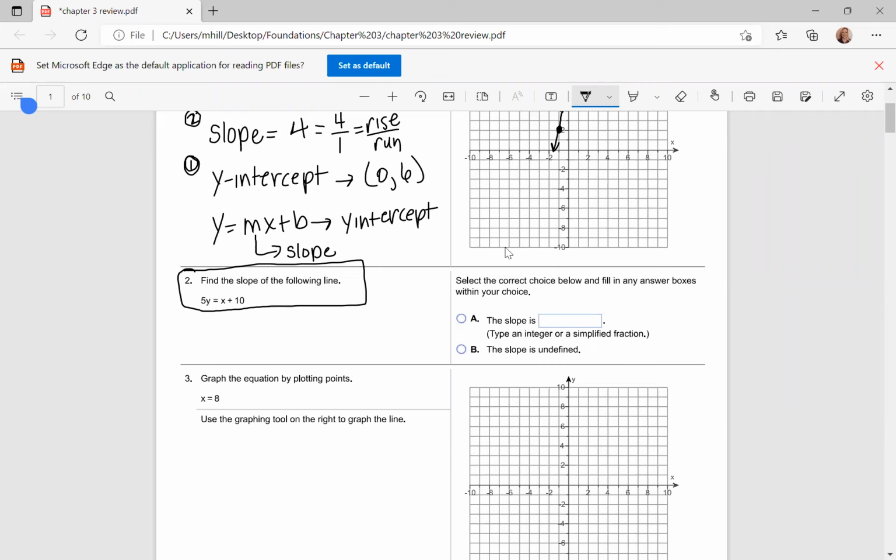Okay, so it's wanting us to tell what the slope is or if it is undefined.